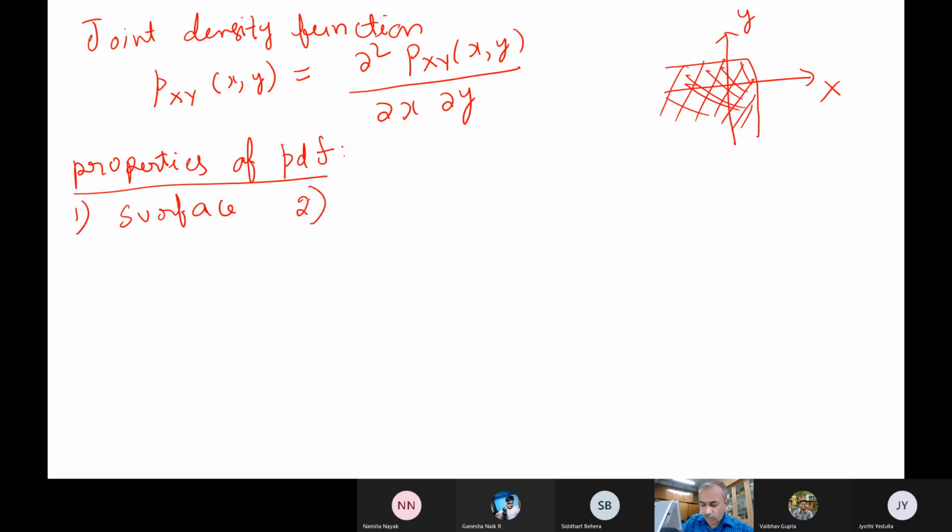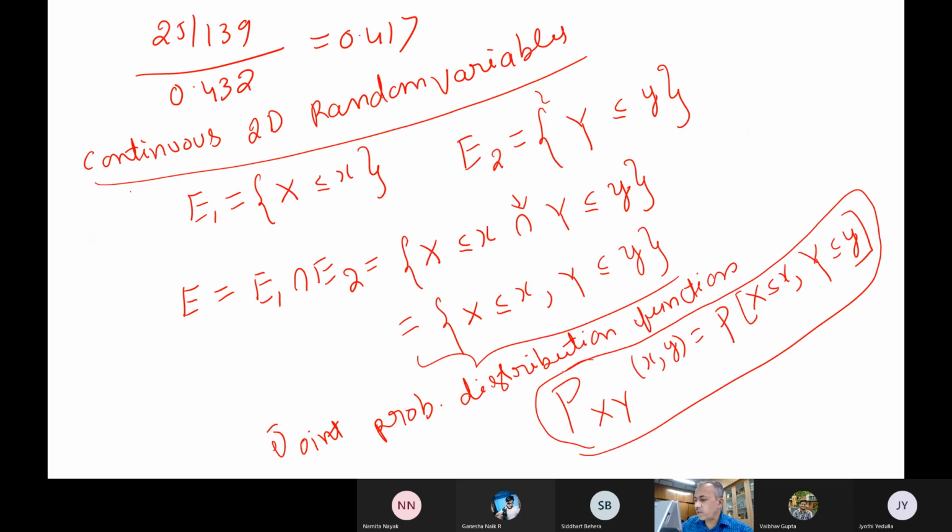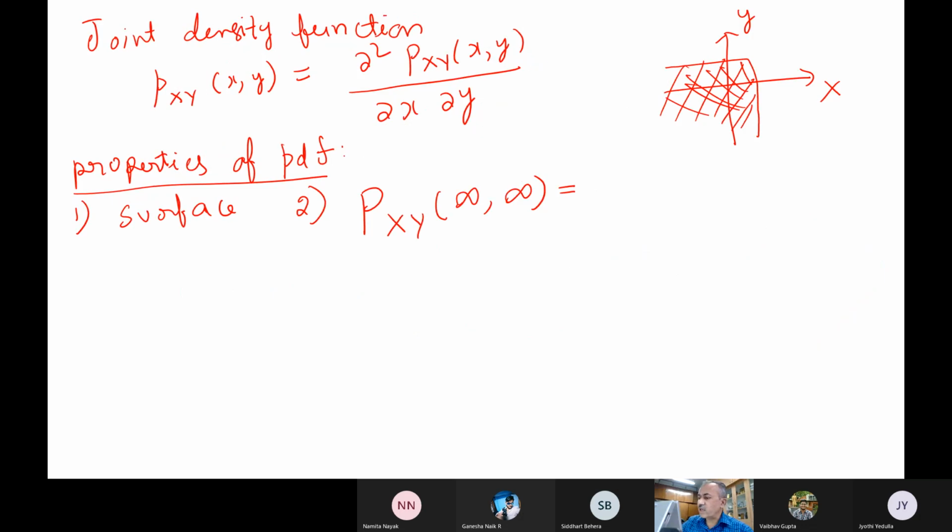Now another important property is the capital Pxy, the distribution function. What is the value at infinity comma infinity? This is the probability that capital X is less than or equal to infinity and capital Y is less than or equal to infinity.